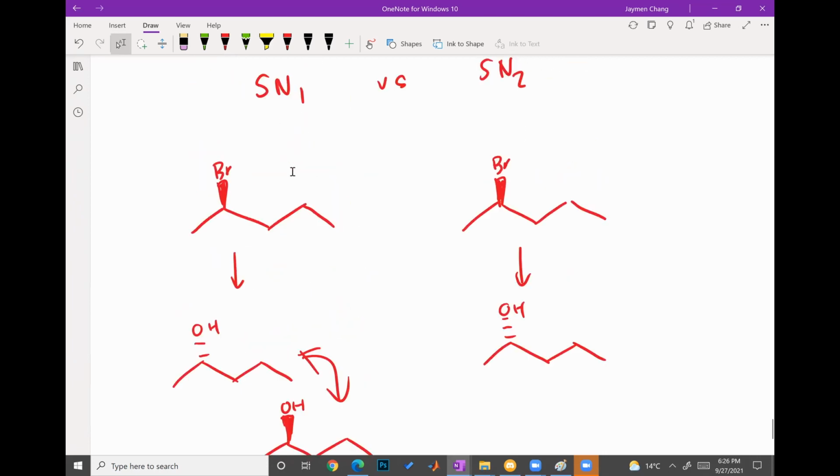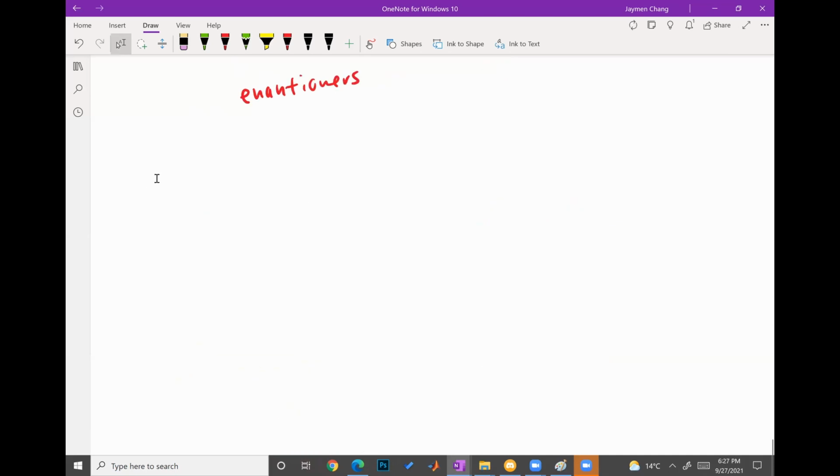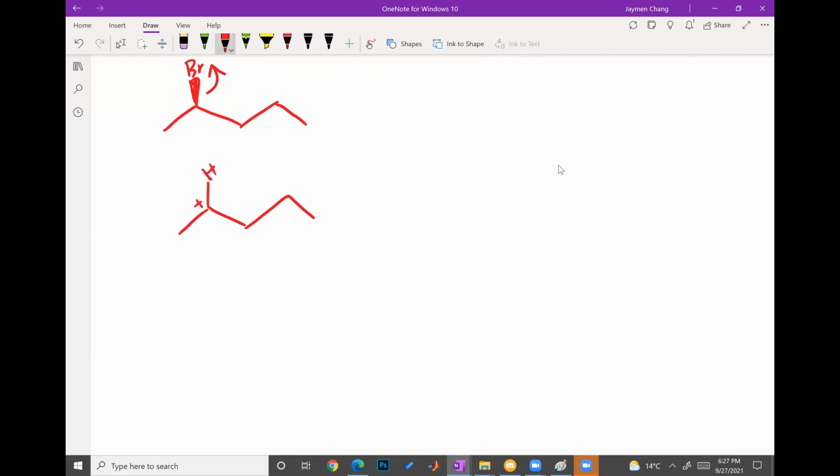The reason is because of how the SN1 pathway works, so let's draw this out. We have a Br leaving group, which will actually form a carbocation. And there's actually an H here. This carbon is sp2, so we have our positive here, and we have our orbital.